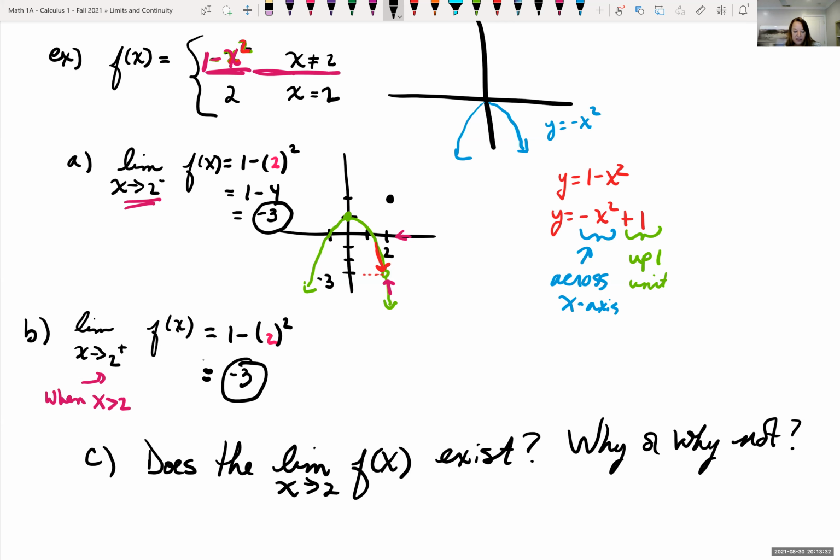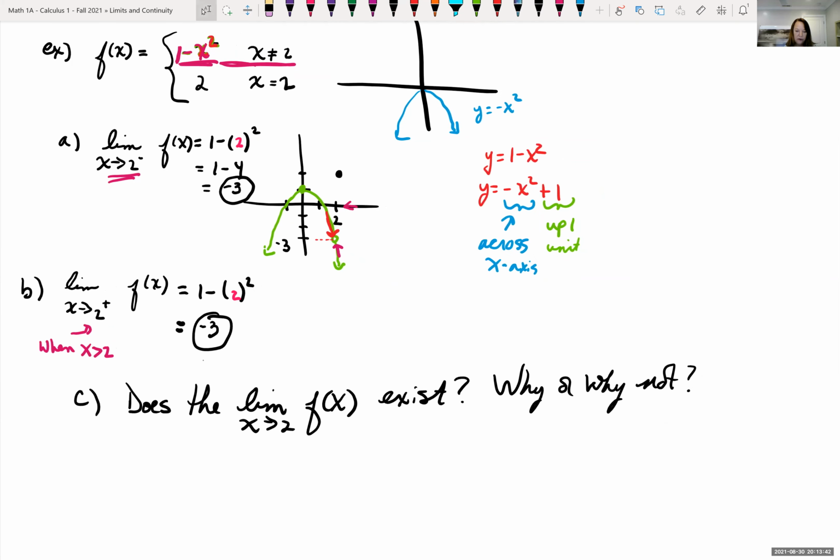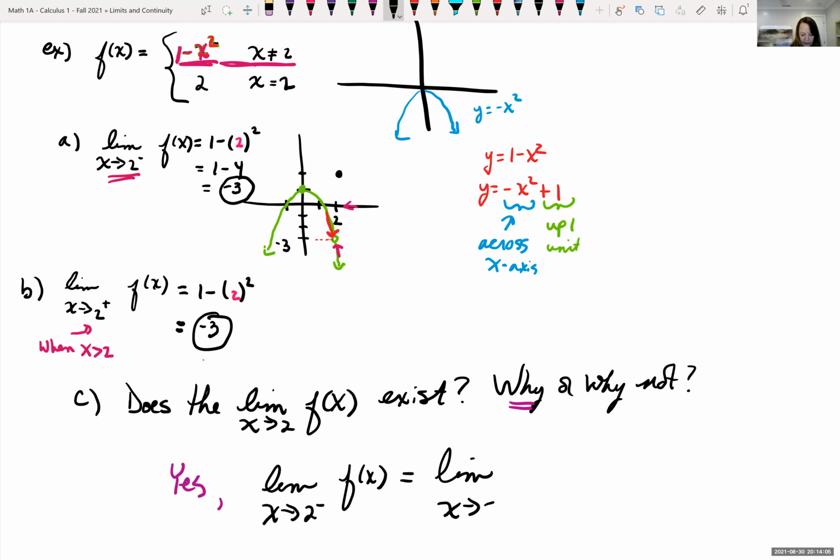So recall we talked about limits existing. A limit exists if the left-hand side limit equals the right-hand side limit. And both the left and the right are equal to each other. So we would say the limit exists. And the why is because the limit, again, as x approaches 2 on the left of f of x is equal to the limit as x approaches 2 from the right of f of x.